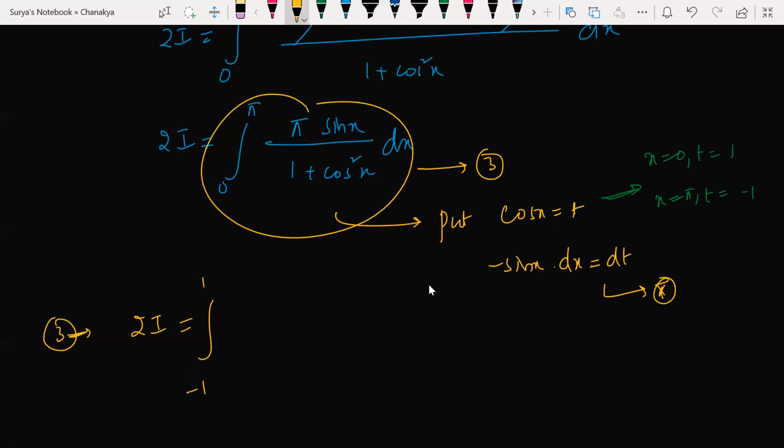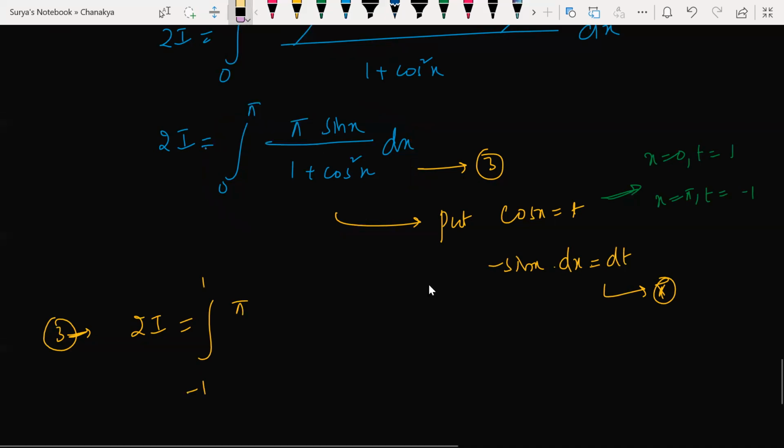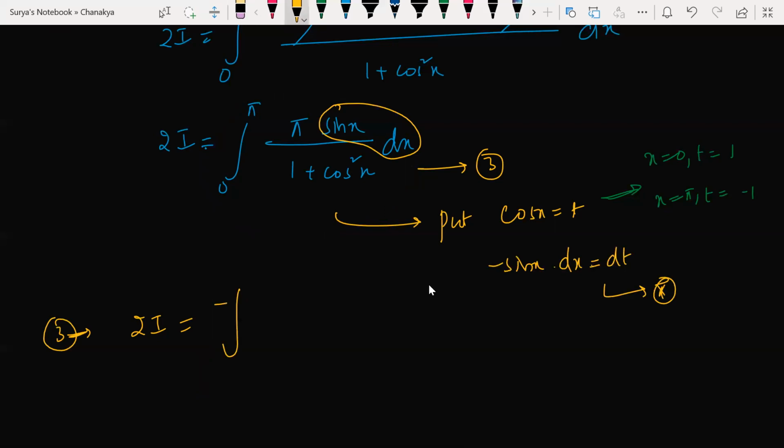And sin x into dx can be written as minus dt, divided by 1 plus t square.